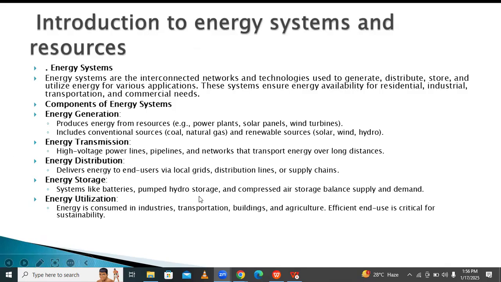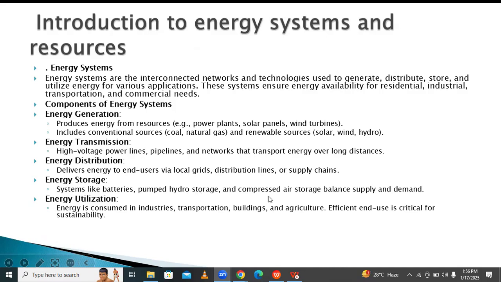That is converted into kinetic energy, and mechanical energy is converted into electrical energy. So the maximum energy storage can be done in pumped hydro storage.